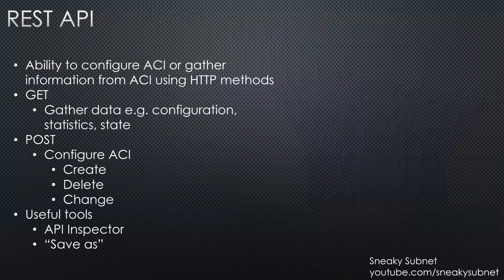And REST API, to put it very simply, is the ability to configure ACI or gather information from ACI using HTTP methods. And in 99% of cases, I would say we will use GET or POST methods. HTTP has other methods like PUT, DELETE, and many more.